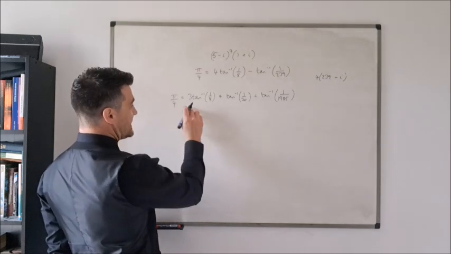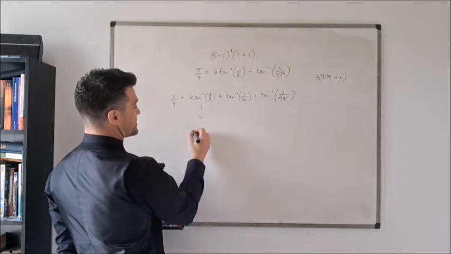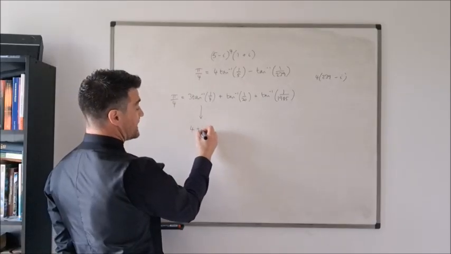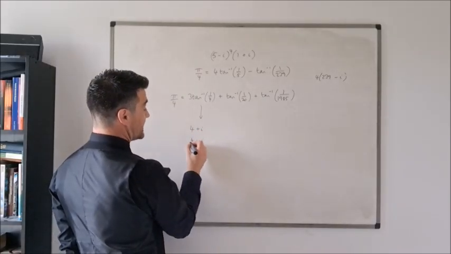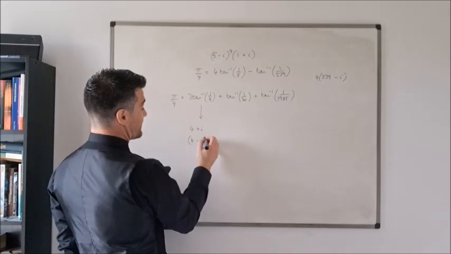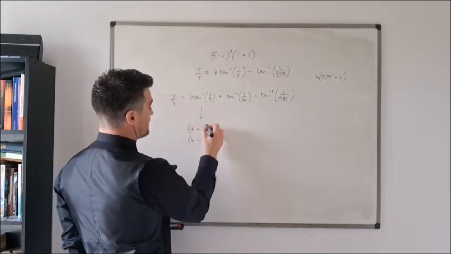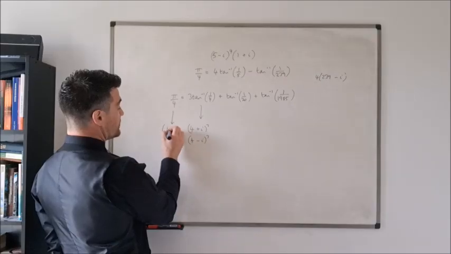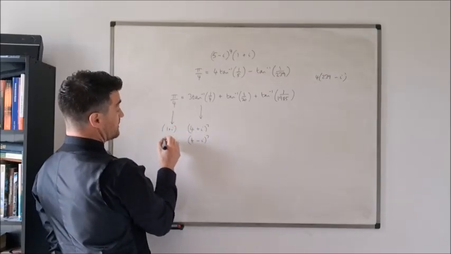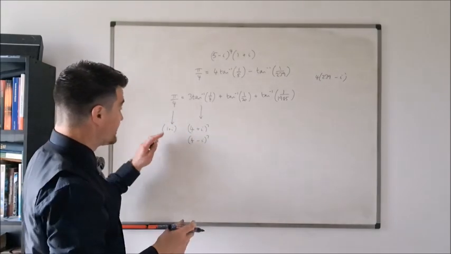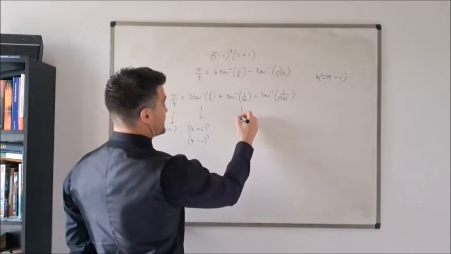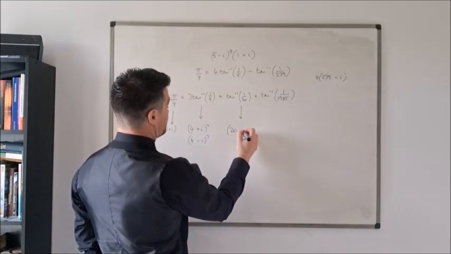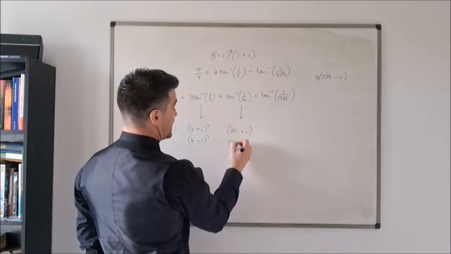So what I would imagine here is that this is going to correspond to something like possibly either 4 plus i or maybe 4 minus i to the power of 3. This is probably going to correspond to something like 1 plus i again, possibly 1 minus i, but I'm going to leave it as 1 plus i. And this is probably going to correspond to something like 20 plus i or 20 minus i.